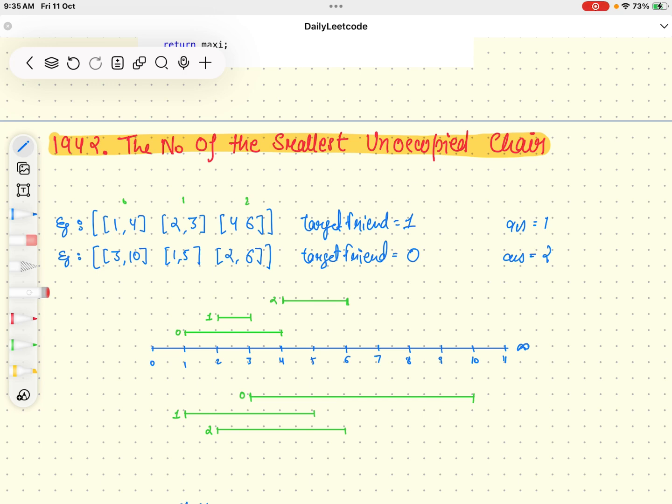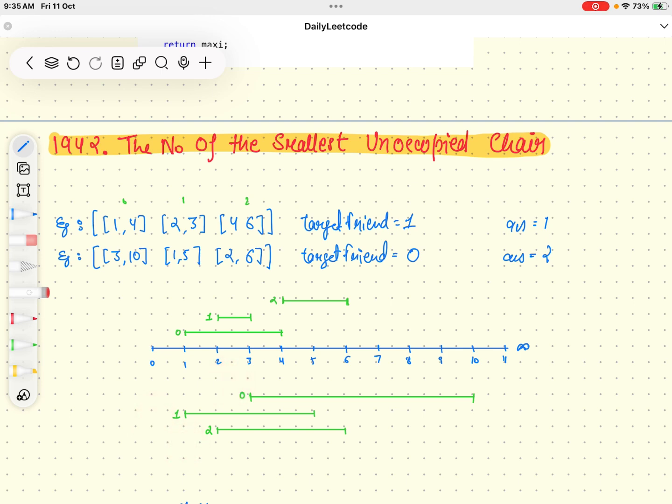Chair numbers again start from 0. The 0th chair is given to friend 1, the first chair is given to friend 2, and to friend 0 the second chair will be assigned.